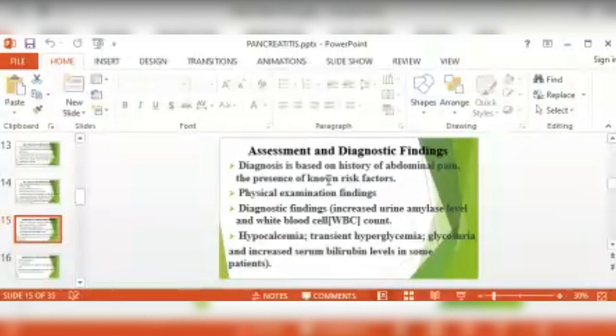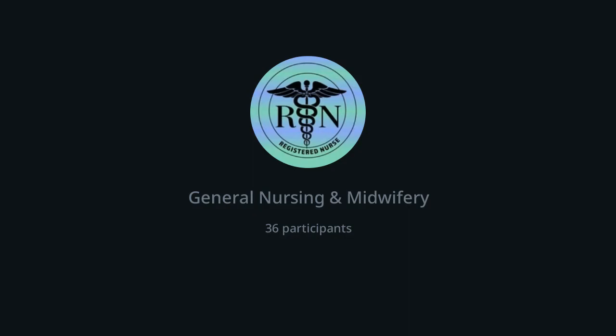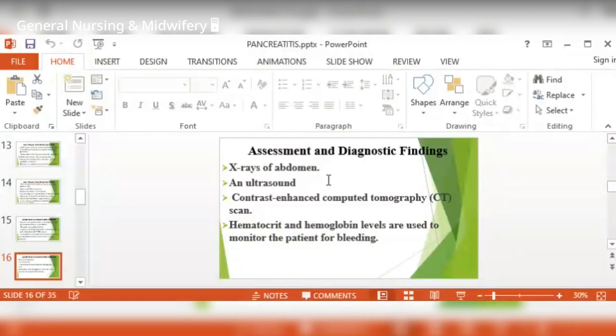You also have to be aware that there will be glycosuria, that is, high glucose level in the urine. And then you also have to check for serum bilirubin levels, because we said there will be jaundice. You can also request for X-ray of the abdomen, but sometimes we prefer the ultrasound, the abdominal USG.